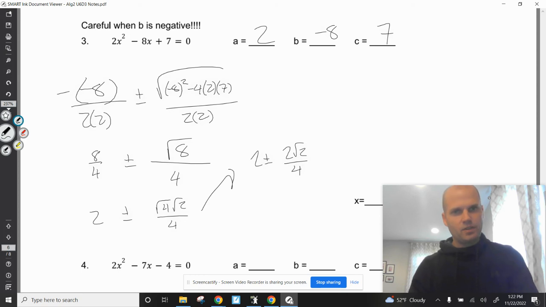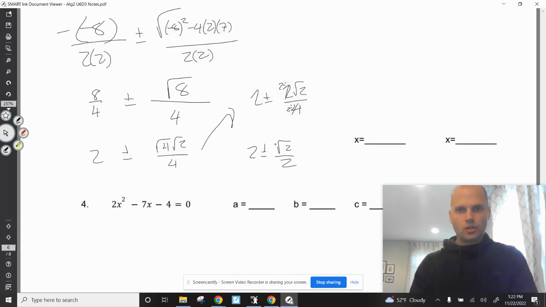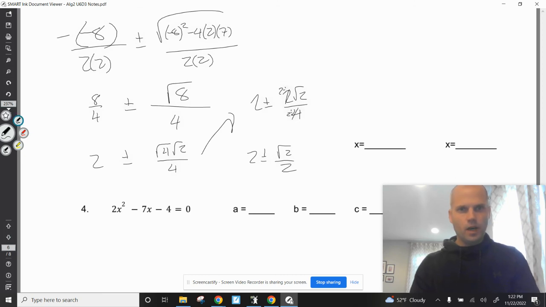Like 2 divided by 4, divide the top and bottom by 2. We did this back in unit 1. The 2 turns into a 1. The 4 turns into a 2. So I get 2 plus root 2 over 2. I get 2 minus root 2 over 2.